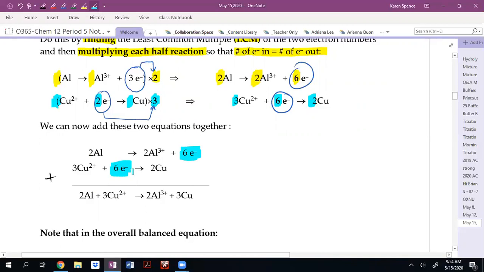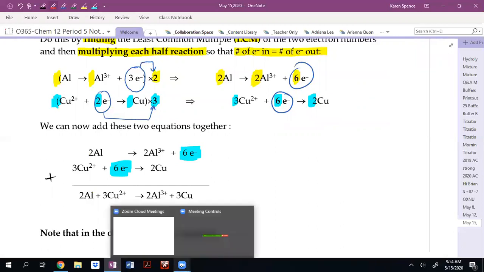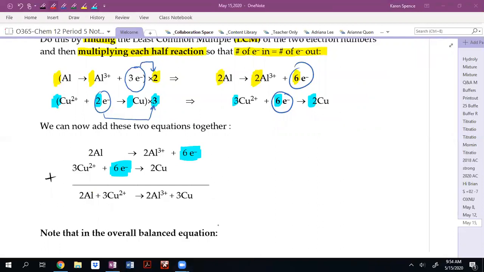And just like in math, when you add equations, if you have something on one side of an equation and something on the other side of the equation, what can you do with them? Yeah, you can cancel them out. So boom, off they go.